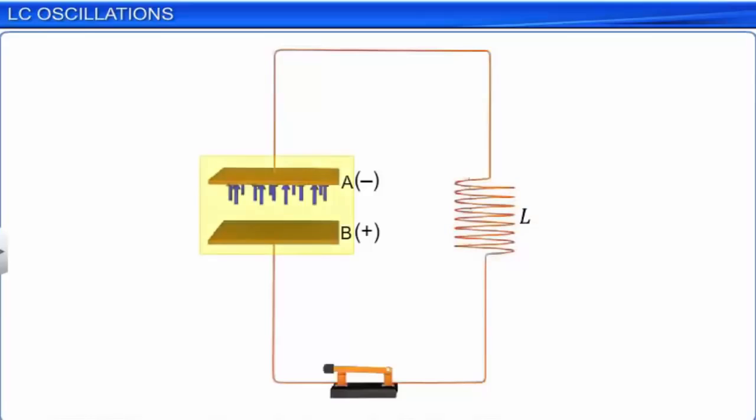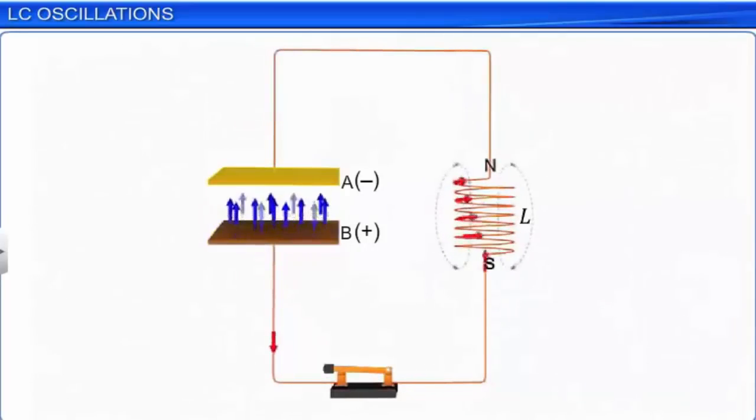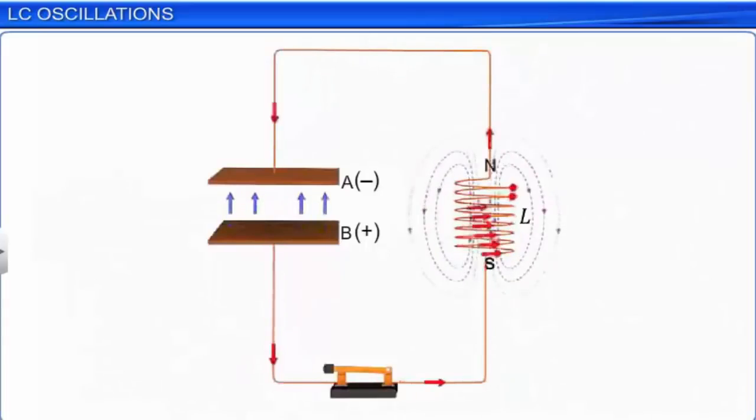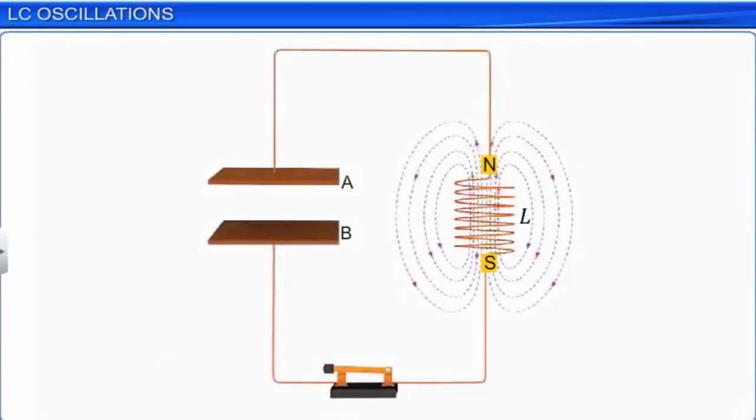The capacitor again starts discharging, but now the current in the circuit is from plate B to plate A. This builds up the magnetic field in the inductor, but this time the polarity is reversed. Gradually, the capacitor discharges fully, and the magnetic field around the inductor grows to its strongest. Again, the magnetic field around the inductor starts decreasing, this time inducing a current in the opposite direction.